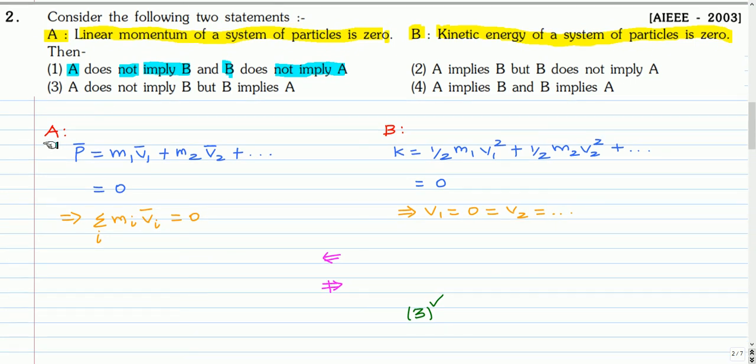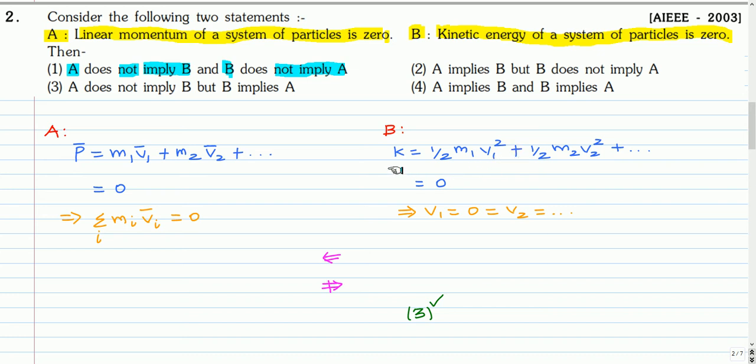The statement A says that the linear momentum of a system of particles, which is m1v1 plus m2v2 plus so on, is 0. That is summation of mi vi is 0, where velocity is a vector. Statement B says that the kinetic energy of system of particles, which is half m1v1 square plus half m2v2 square plus so on, is 0. And this is a scalar sum, and each term is positive because mass is positive and velocity square is positive.